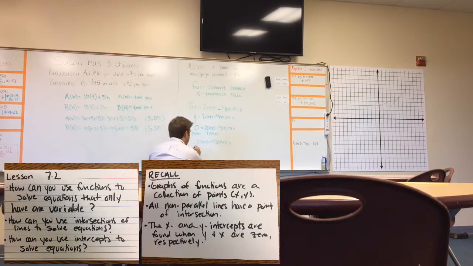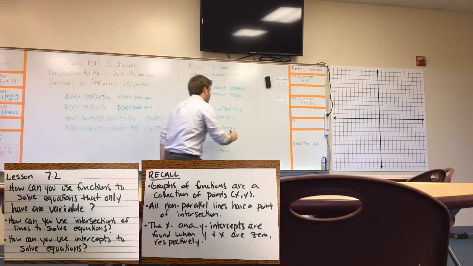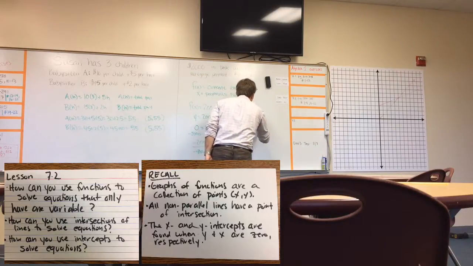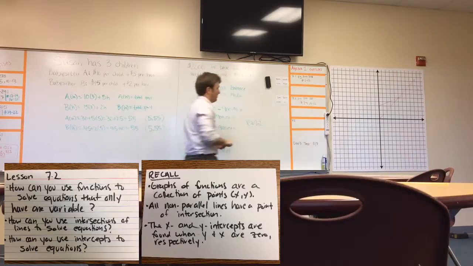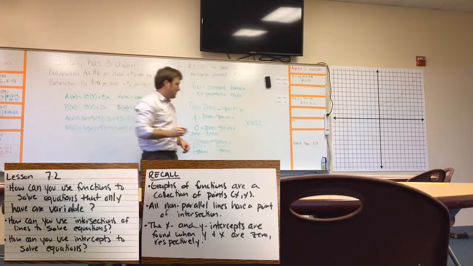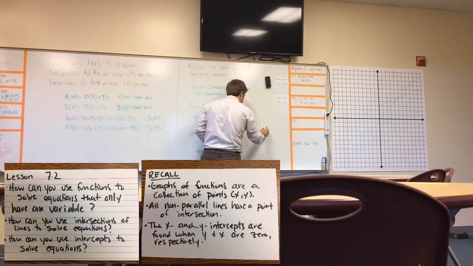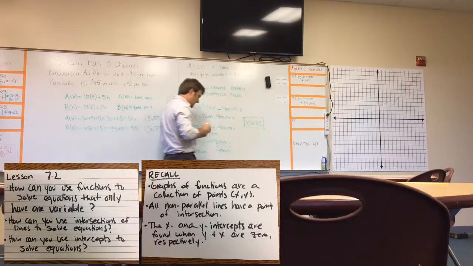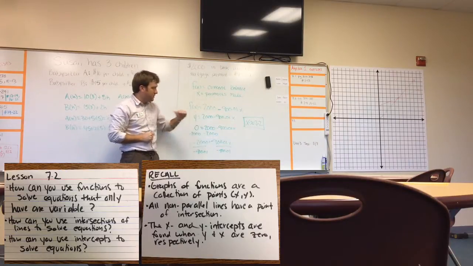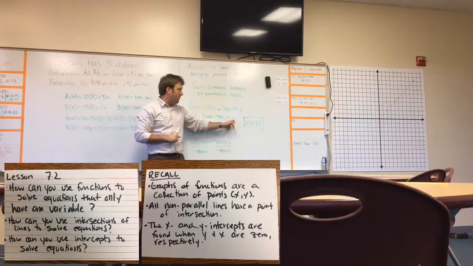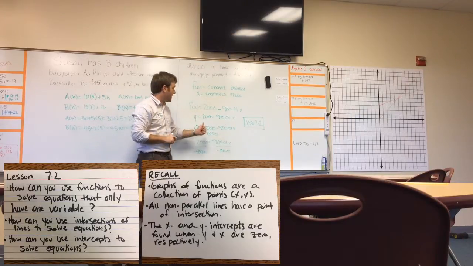So now I divide both sides by negative 900.01. Okay? And I'm left with x being approximately 2.2.